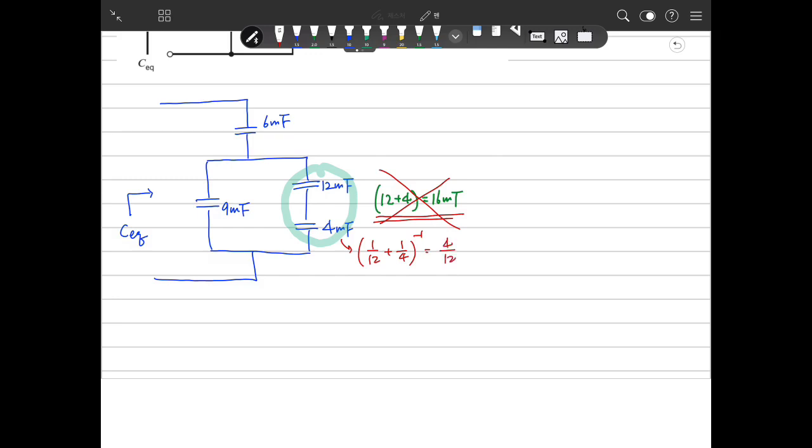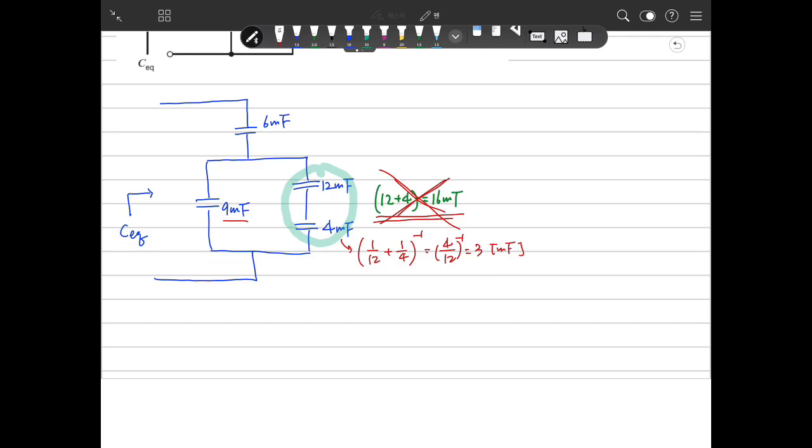So there will be 12/4, 3 millifarad. It's long. Don't get confused in this case.